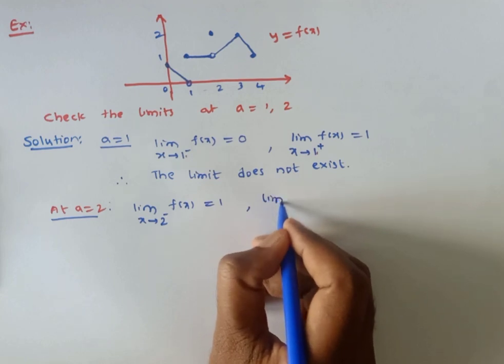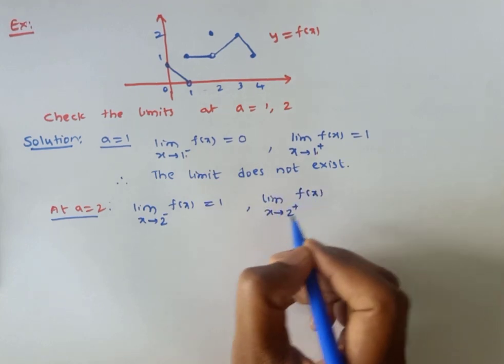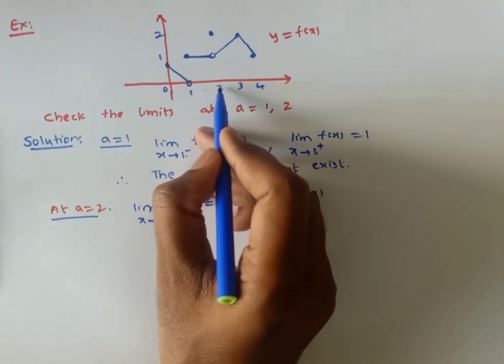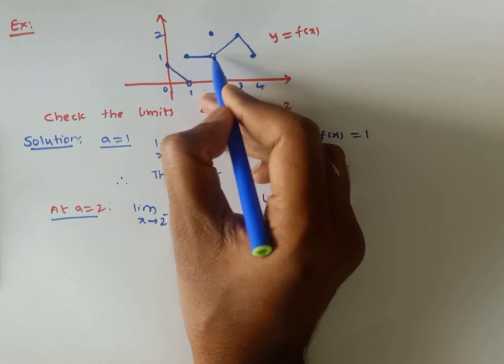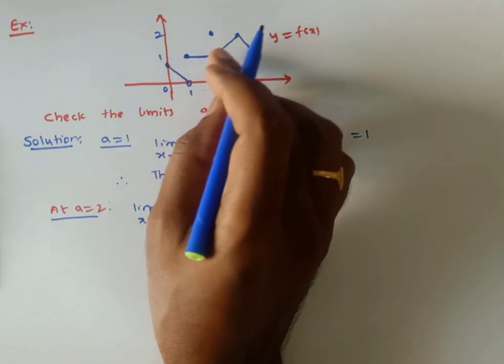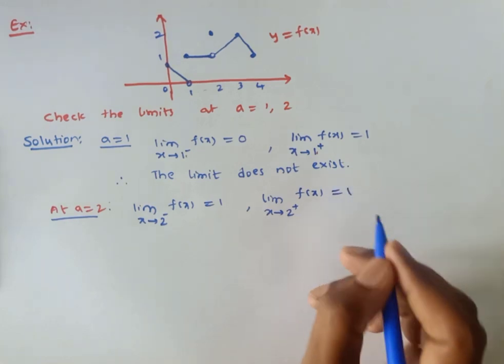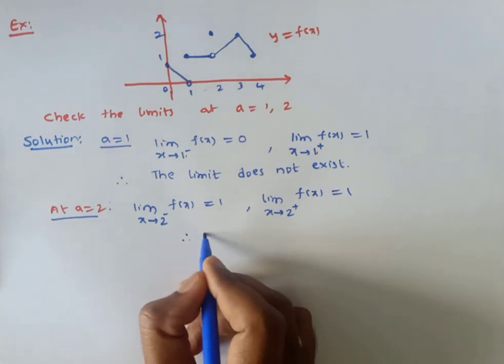And limit as x tends to 2 plus of f of x, as x approaches 2 from the right hand side, f of x approaches 1 only. It is a continuous graph, so both left and right approach 1 only. So the left hand limit and right hand limit at 2 exist and they are equal. Therefore the limit exists.